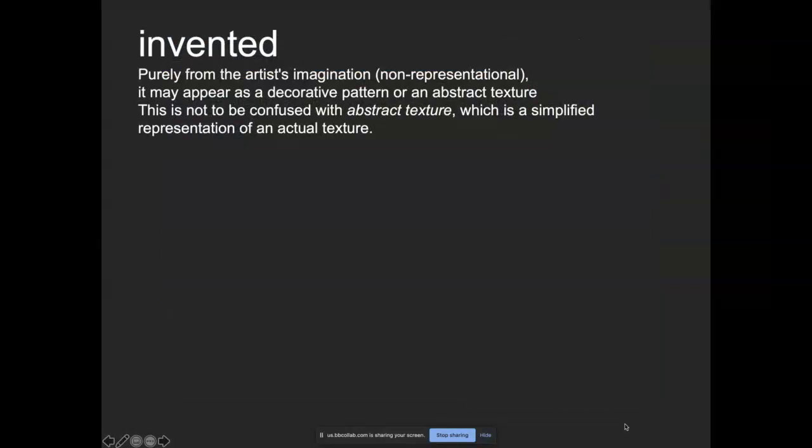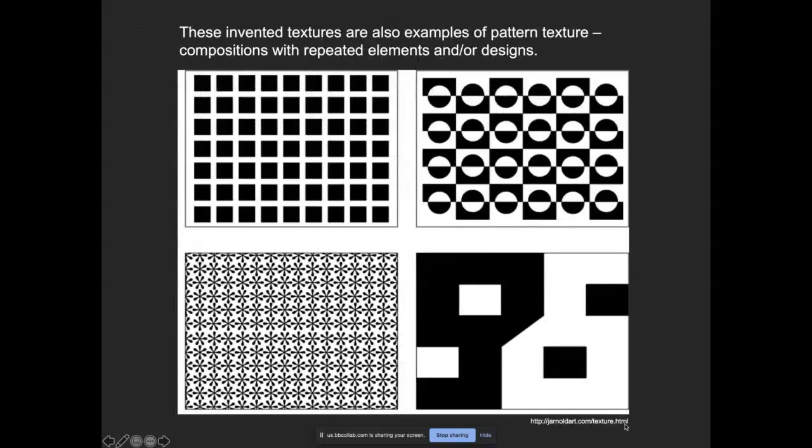You can also invent textures, and this may be another strategy for you, to create your own texture out of your own head. Here are a series of invented textures where we're repeating shapes. A pattern, a repeating motif, can create a texture. So that may be another strategy you can employ for your own collage.